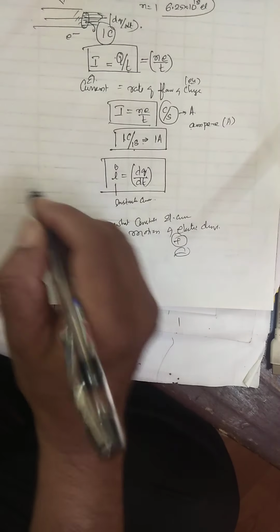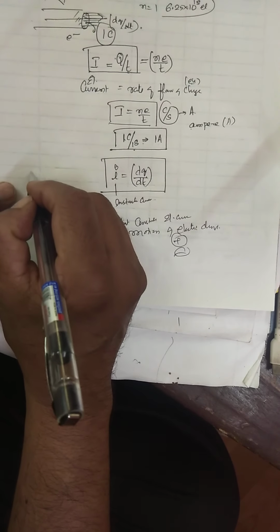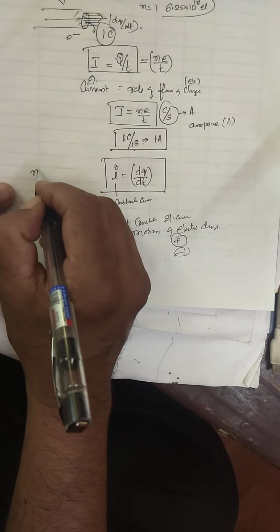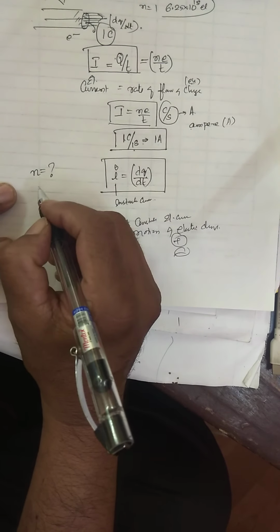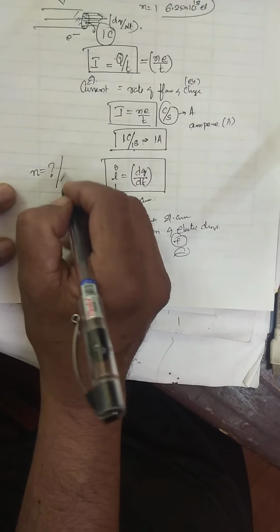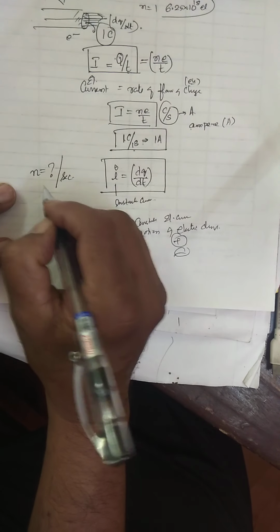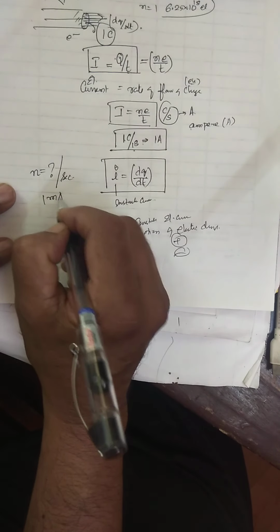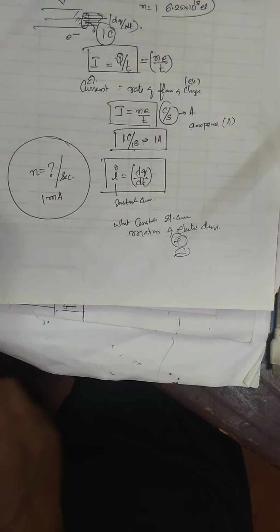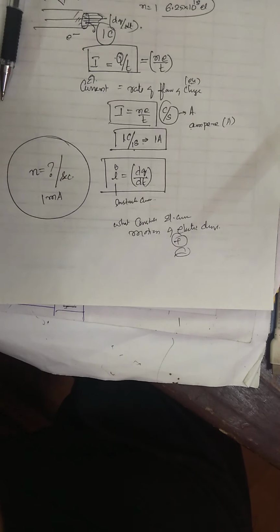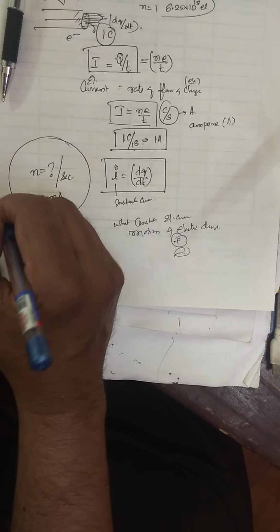Now, they have given one particular problem. How many electrons per second constitute 1 milliampere? That is the question. This is for 1 mark.